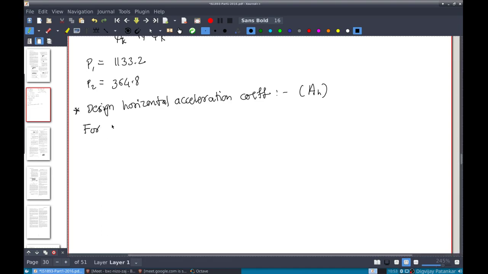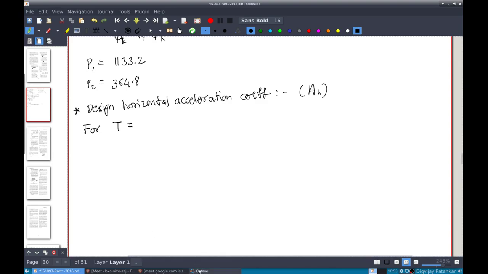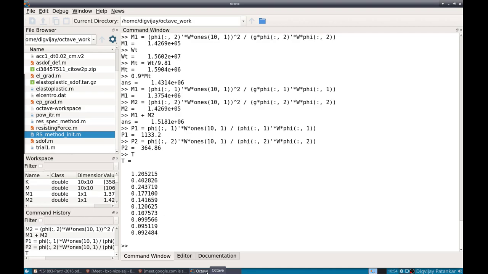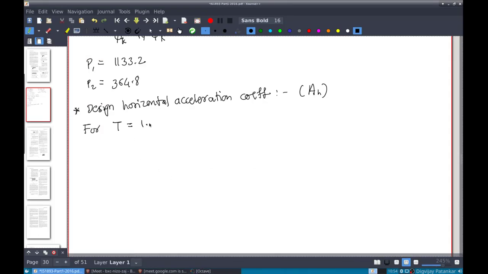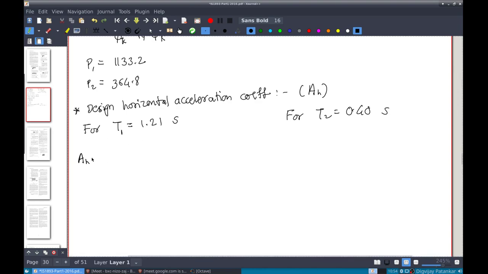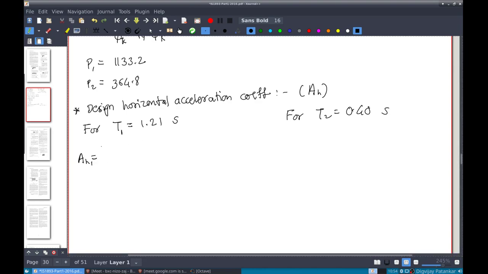So for T, what are the values of T? First two values only we need because that's our interest, 1.21 and 0.40. So 1.21, that is T1, and for T2 I will write here 0.40 second. So now for T1 equal to 1.21, find out Ah1, which is nothing but Z I Sa/g divided by 2R.